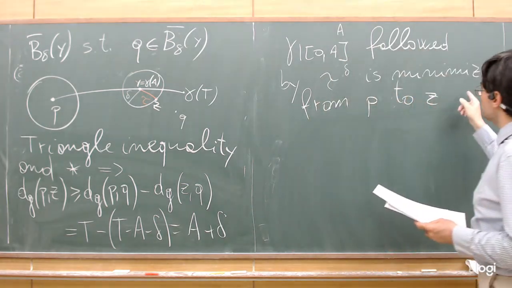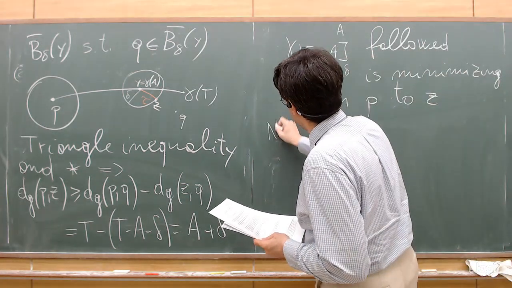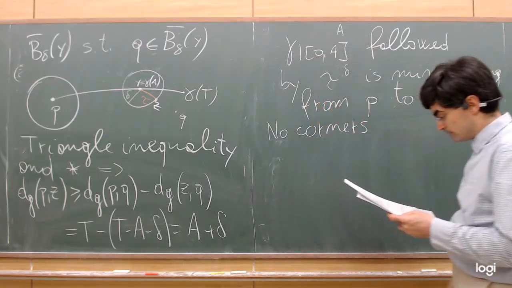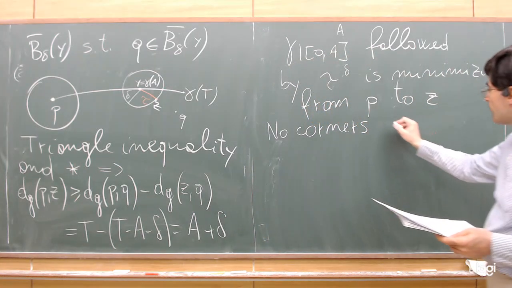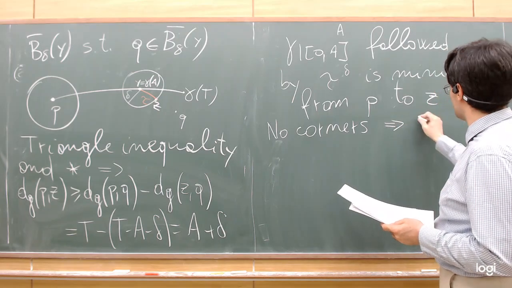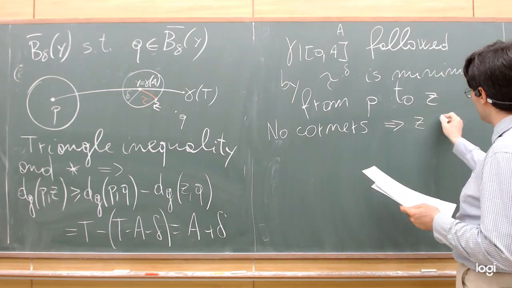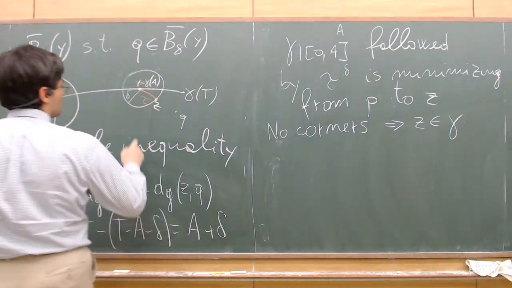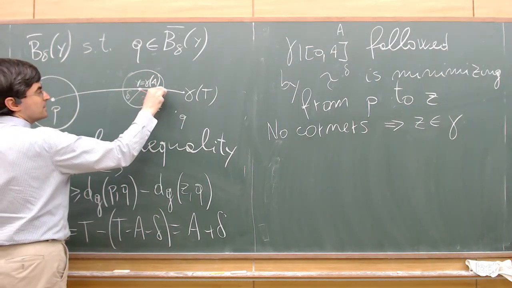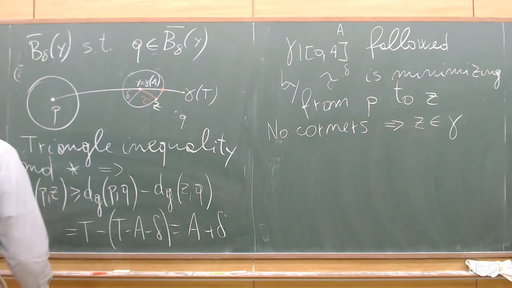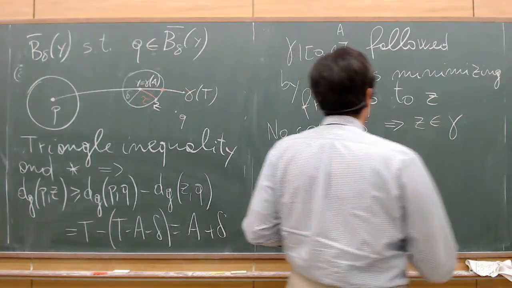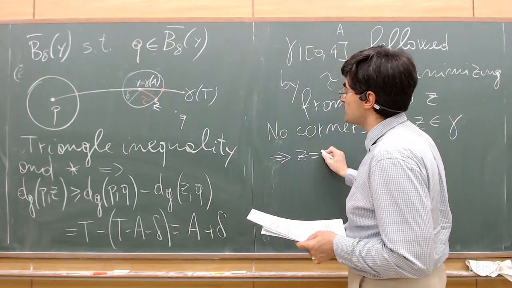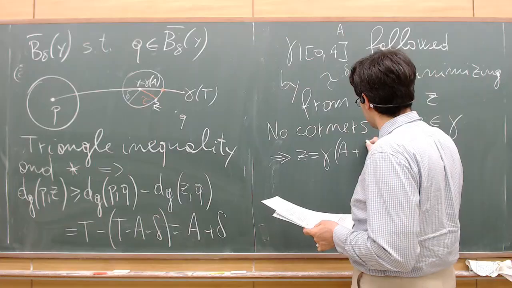If this is true, then there are no corners, and this implies that Z belongs to gamma. So Z is not here, but here. And if this is true, then Z is gamma of A plus delta.